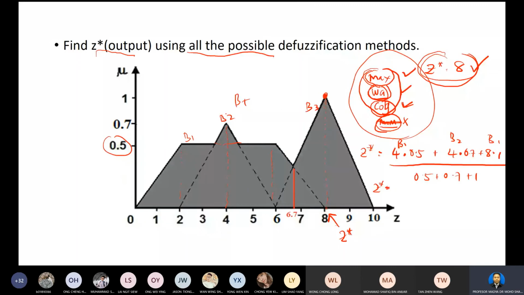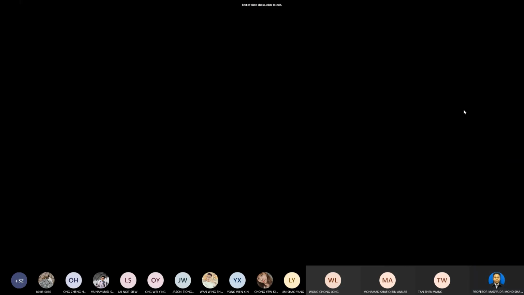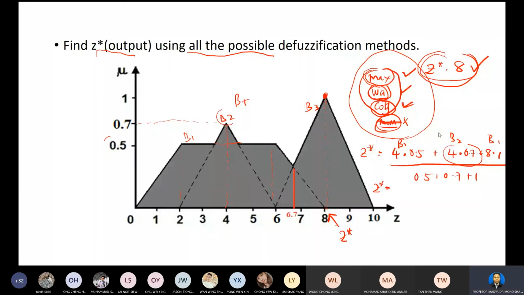And this one is B3, the center is 8 multiplied by 1. Divide by all the membership values, so 0.5, 0.3, 0.7 plus 1. So this is using the weighted average.